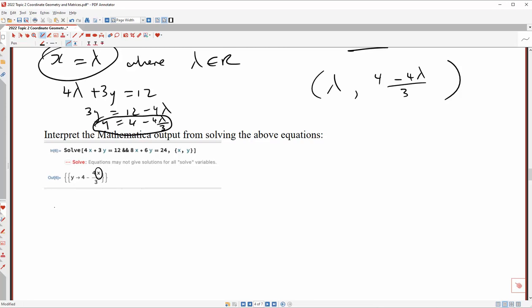So when you expect 2 solutions to be produced as the result of solving simultaneous equations, and you only get this one here, you've got to know that there's infinitely many solutions. So you interpret the y solution as 4 take away 4 and whatever your parameter is. We'll use lambda just to be consistent, and the x is lambda. So that's how to interpret that.